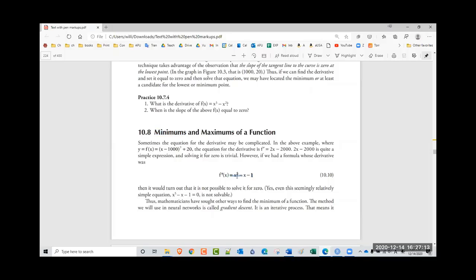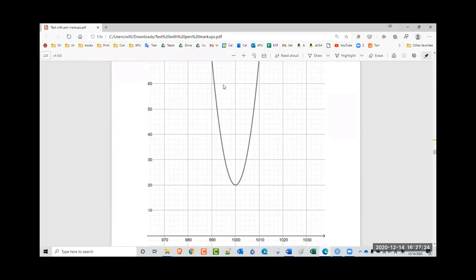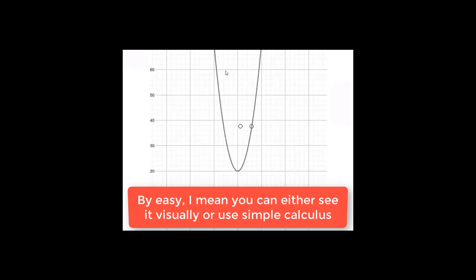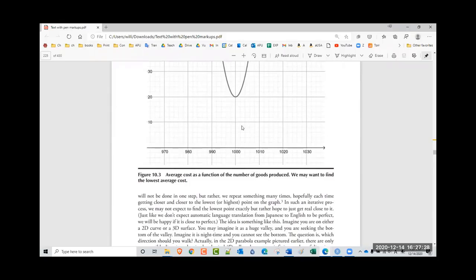If we had this derivative and we wanted to find the maximum or minimum, we're kind of stuck. On the other hand, if you had this curve, it's easy to find the minimum. You take the derivative and you can do it.